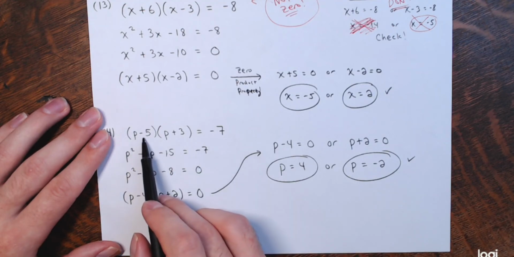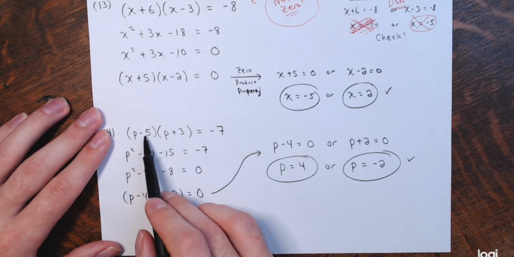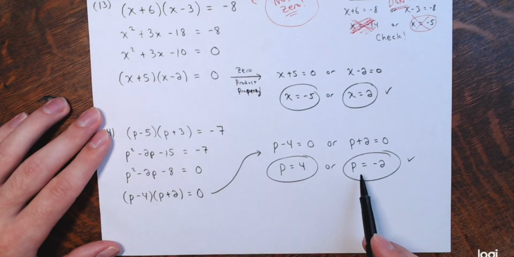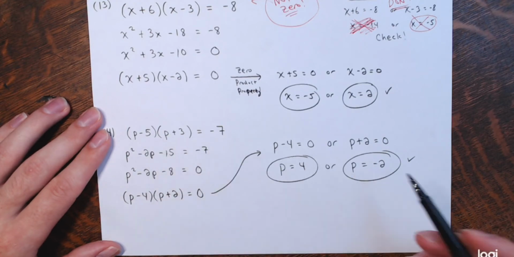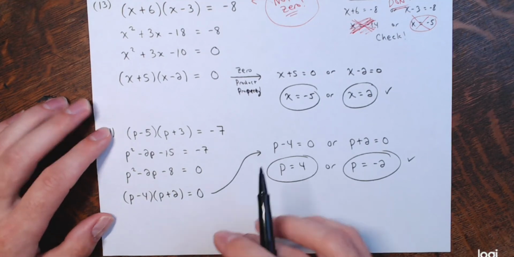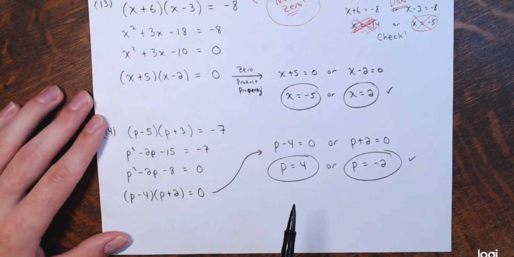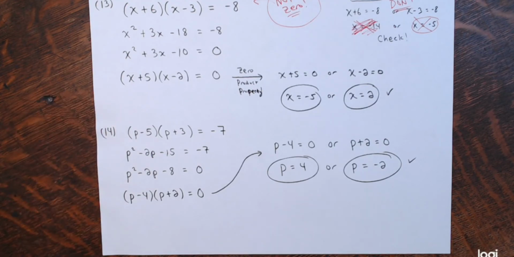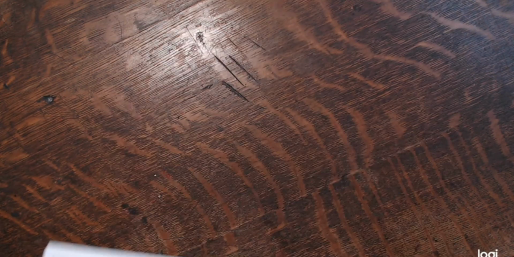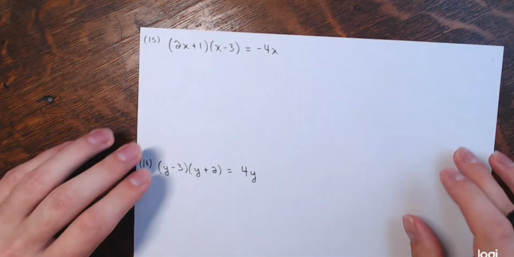If p were 4, you'd have negative 1 times 7 equals negative 7. That's true. If p were negative 2, you'd have negative 7 times 1 equals negative 7. That's also true. I'm going to stop checking them out loud. I'm just going to tell you to make sure you're checking solutions from here on out. So very similar. Next example.